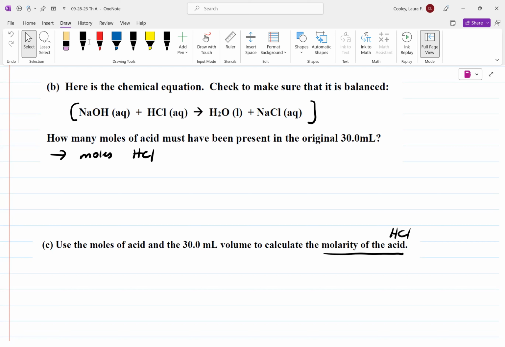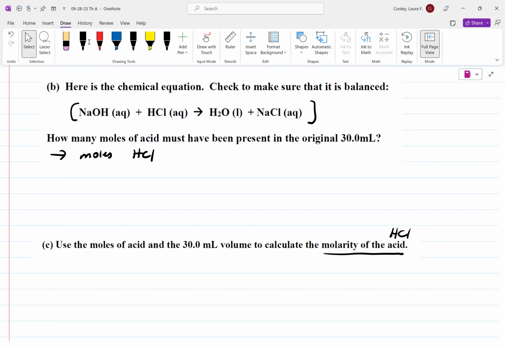So what volume do you use to get the moles of NaOH? You know the molarity, right? It's written down there. It's 16.37 milliliters converted to liters. That's the volume of the NaOH. So that's what you multiply by the molarity.